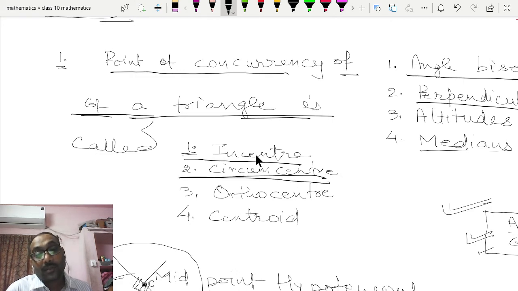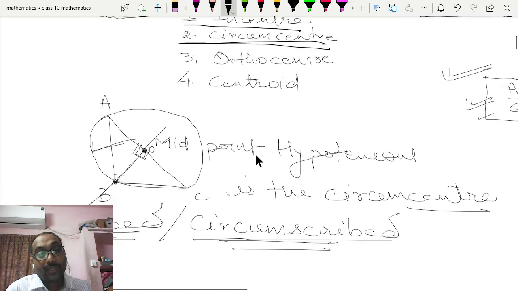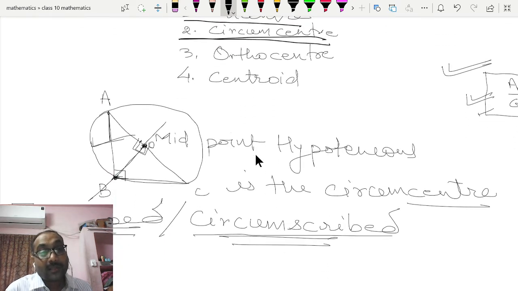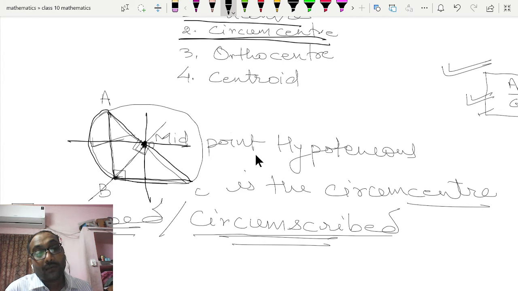So see here, this is a triangle, here it is a right angle triangle, or whatever the triangle be, it's not a problem. But the midpoint of the hypotenuse is on the perpendicular bisector of the side, and this point is the circumcenter of the triangle, and you can draw a circle by taking the radius that is half of the hypotenuse.